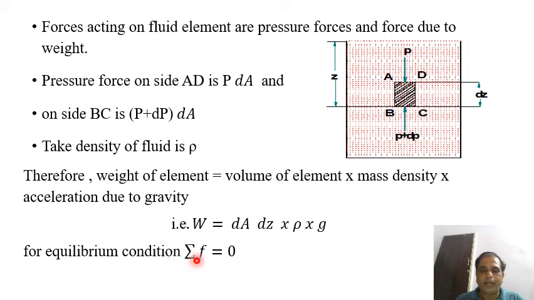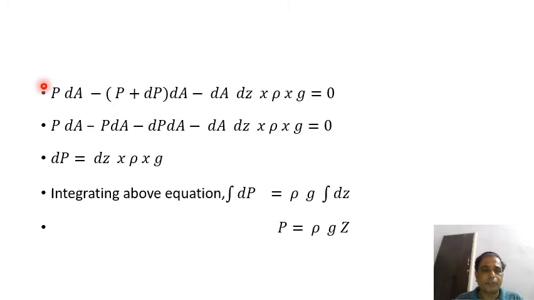So if you work this out, we get the equation for a static fluid, or pressure at a point. One pressure force is acting in the upward direction, and this is acting in the downward direction, and the weight is acting again in the downward direction. If we simplify this equation, we get dP is equal to rho g dz.